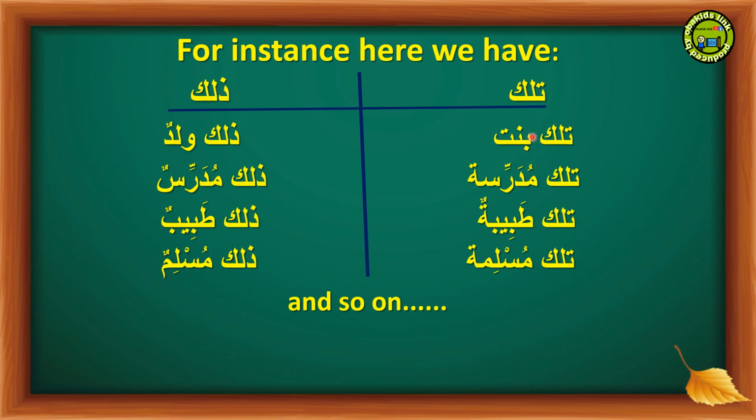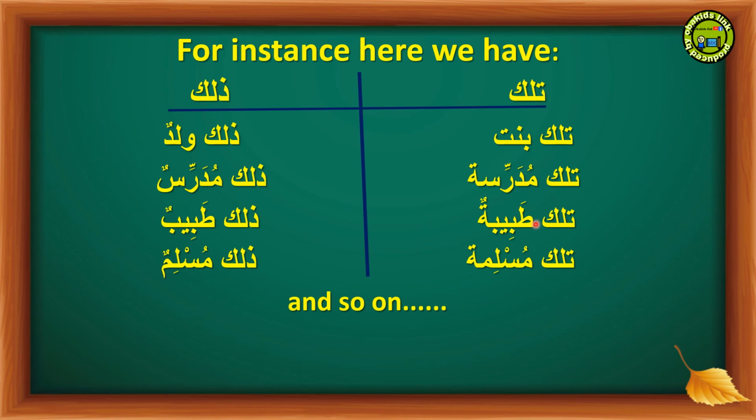Tilka bintun. Tilka bintun means that is a girl. Zalika waladun. Zalika waladun means that is a boy. Tilka mudarrisatun means that is a female teacher. Zalika mudarrisun means that is a teacher.